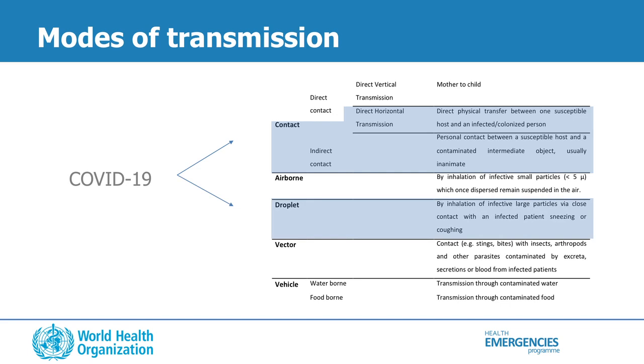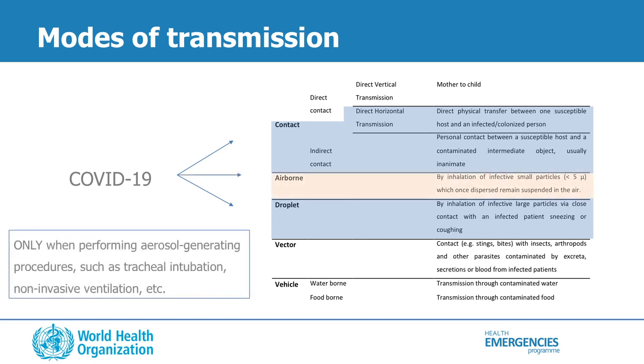Through droplets, by inhalation of infective large particles via close contact with an infected patient sneezing or coughing. Or airborne, but only when performing aerosol-generating procedures such as tracheal intubation or non-invasive ventilation. COVID-19 is not an airborne virus, but can be aerosolized during these specific medical activities.